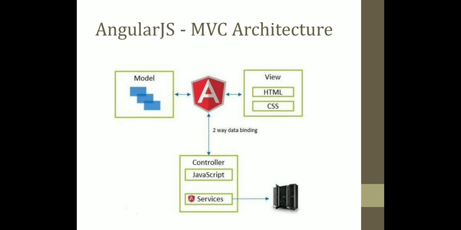HTML and CSS basically focuses on display of data on the web page. We have already seen that. Okay, so you can revise that as well. And the third part is controller. Okay, the controller uses JavaScript and architecture or application services. Okay, so this is the simple MVC architecture view.